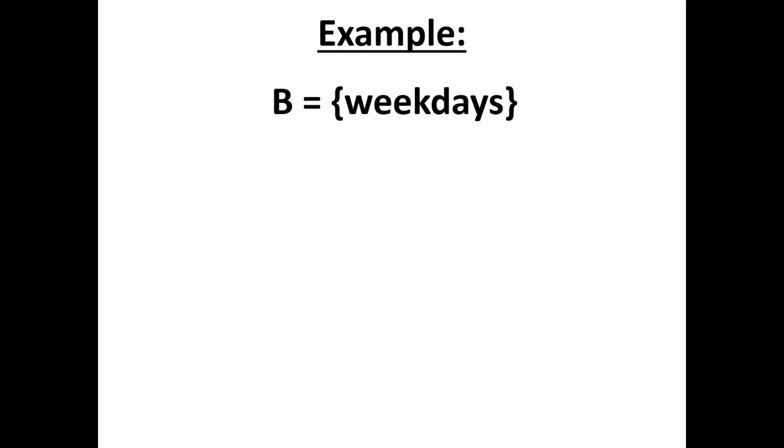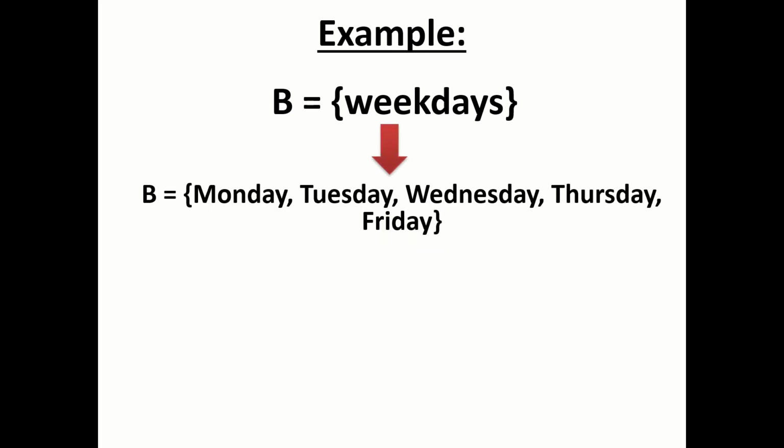So for example, if set B includes the days in a week which are weekdays, and someone asks you what is the cardinality of the set, you have to identify the elements of that set. For set B, if we write it in roster notation, you have Monday, Tuesday, Wednesday, Thursday, and Friday.